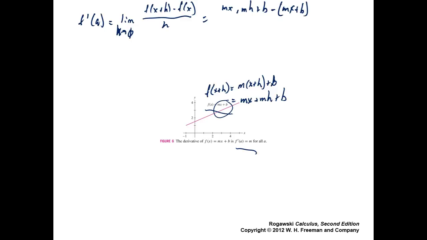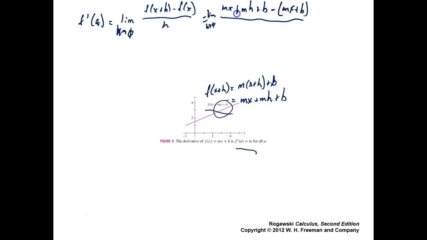F of x is this thing right here. So instead of f of x up there, we put mx plus b, minus, right? And that's all divided by h. And that's taking the limit as h approaches 0. Okay, we'll get back to that later. Okay, I can't read my writing here.